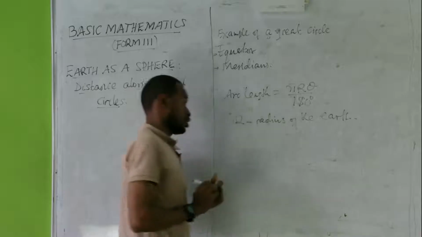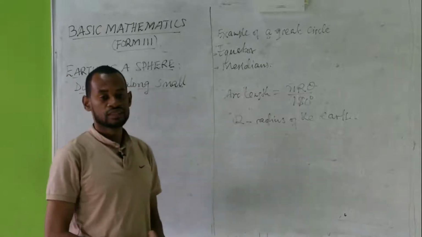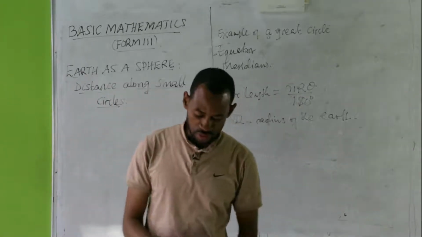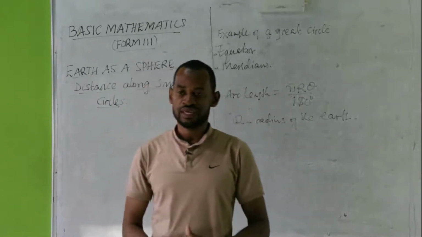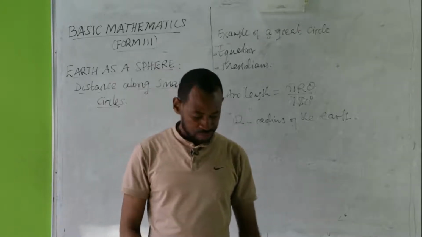Very good. So that is our formula that we use to calculate the distance along a great circle, or what we said is an arc length along the great circle.